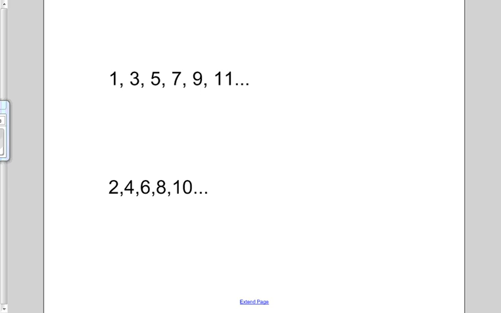Well, if I wanted to write these odd numbers, I could say that f of n, sorry, not f as a function of n, which we write as a sub n, would equal, well, I want to somehow go by 2 each time.